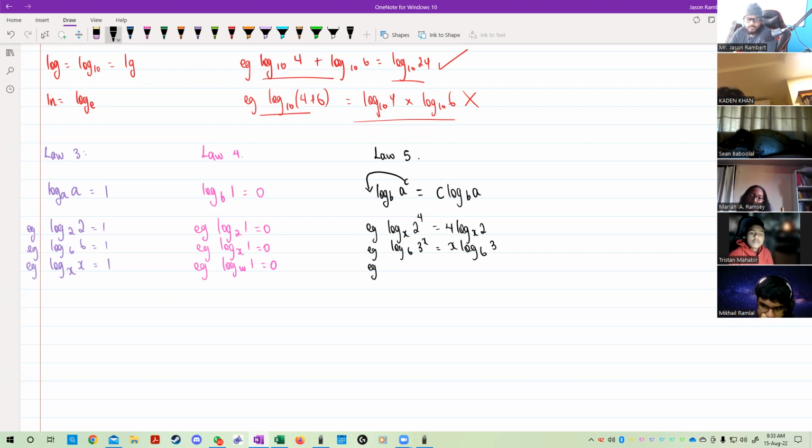Remember law 5? If I have log of 6 to the power of 4 to base 2, this is 4 log of 6 to base 2. Cool? Good. Everybody good so far?